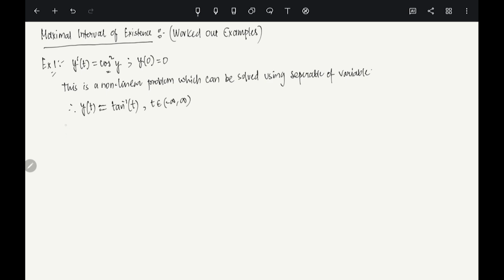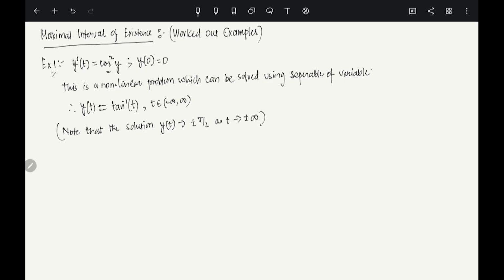Note that the solution y of t converges to plus minus pi by 2 as t converges to plus minus infinity.